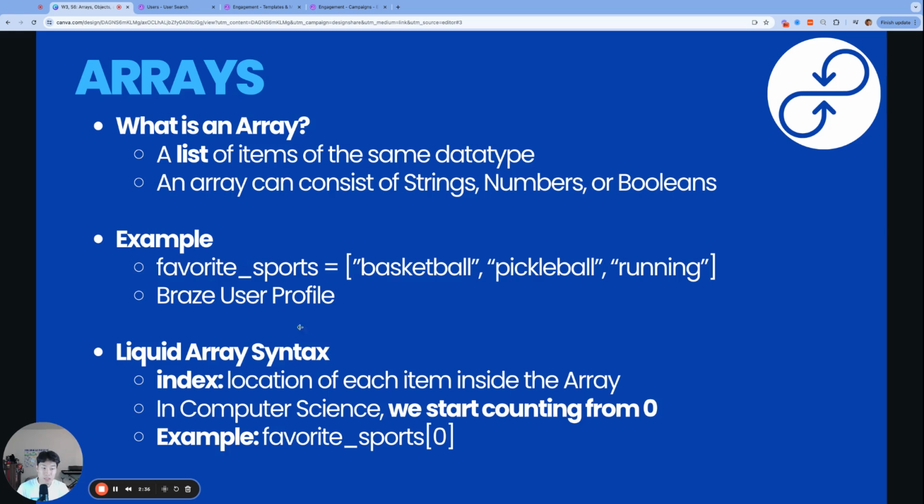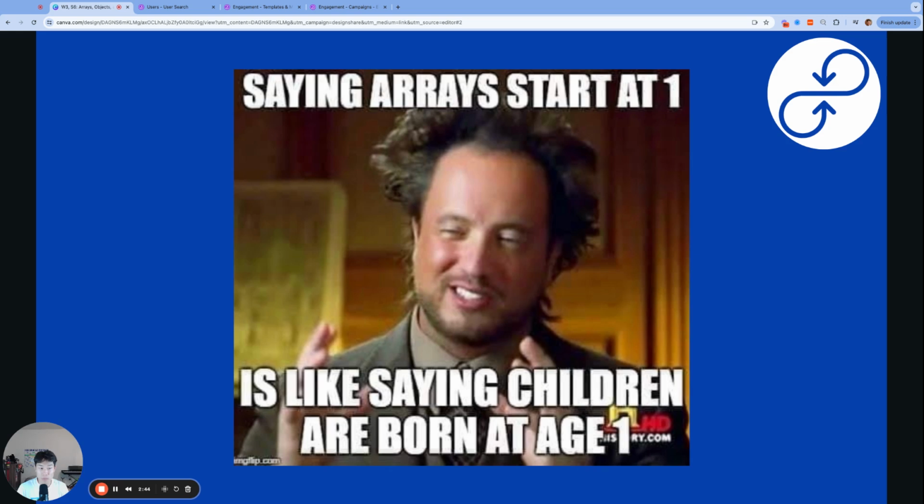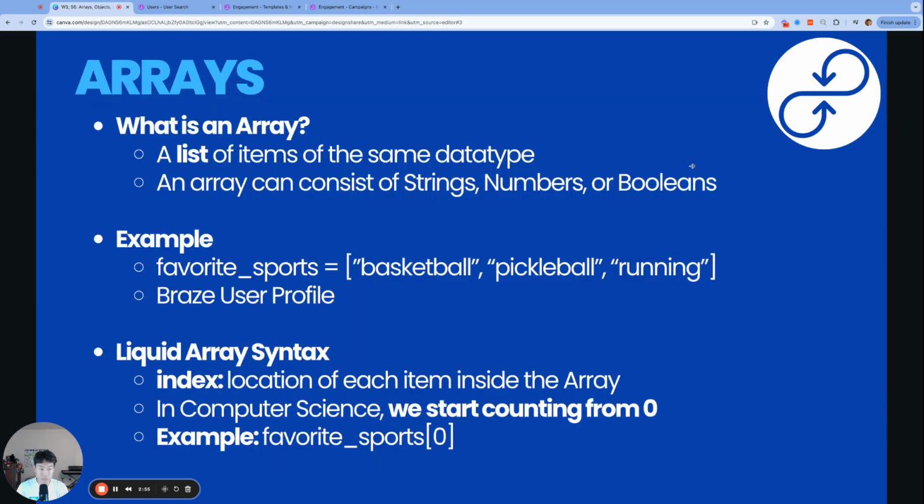In computer science, we always start counting from 0, and it may be confusing at first because we're so used to counting from 1, but this topic is what the meme from the beginning of the video was referring to. Saying arrays start at 1 is like saying children are born at age 1, to clarify that arrays start at 0.